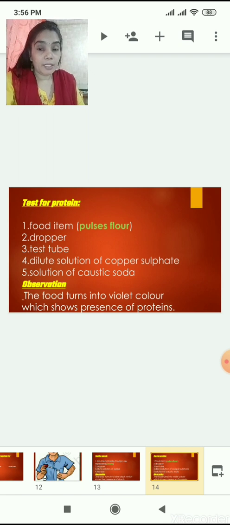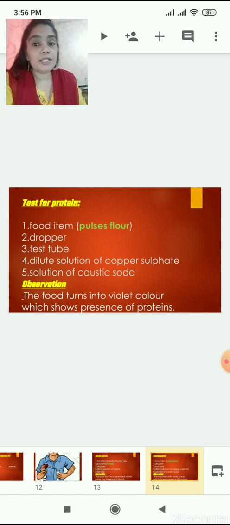We can conduct these when our school reopens. We will bring all this and conduct the test. So what are the things you will bring, children? Raw potato, some gram flour, then some nuts, milk, groundnuts, uncooked rice powder and cooked rice also, and dry coconut and some tur dal powder.